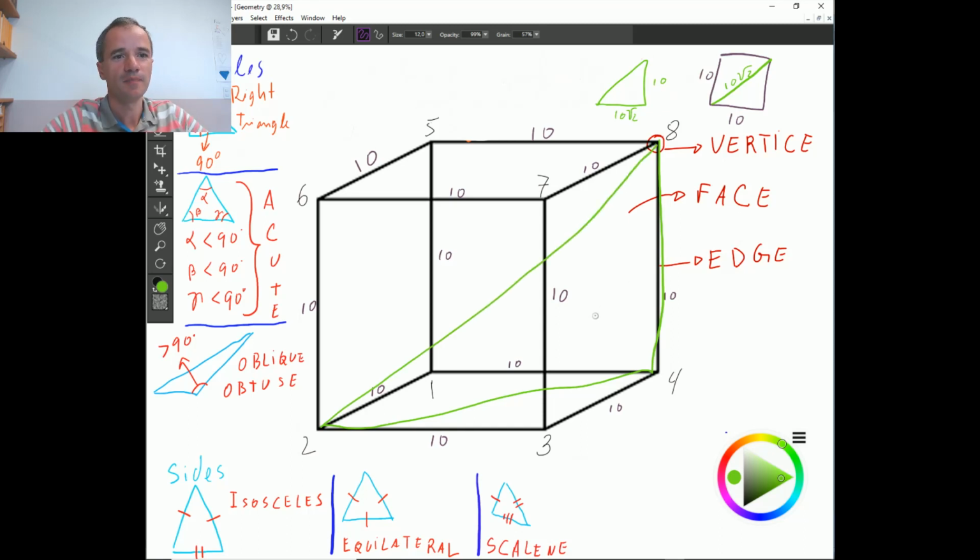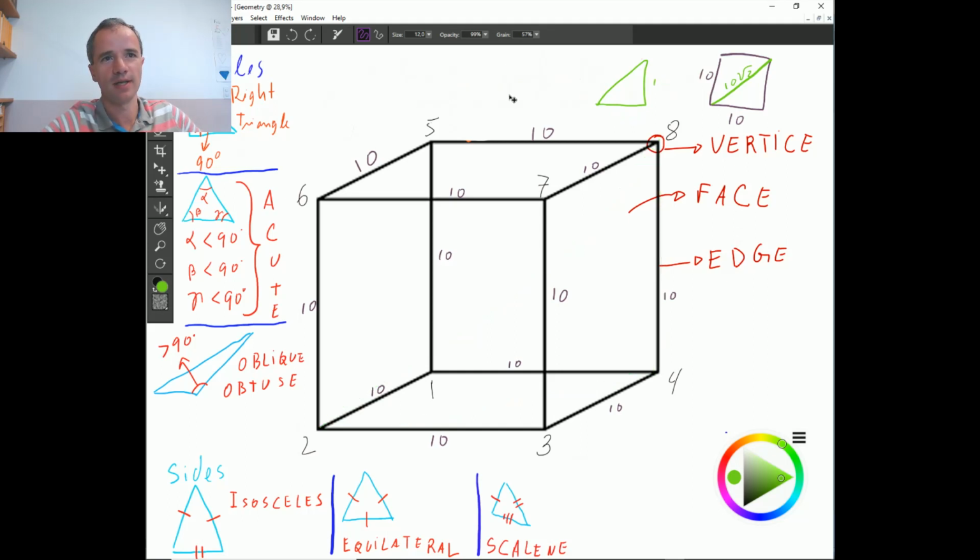This is 10, this is 10 square root of 2 because it is the base diagonal, and this is what we want to look for. If we apply Pythagoras, it's going to be 10 squared plus (10 square root of 2) squared. You can see easily that this is going to be 300, and in the end it's going to be square root of 3. Just to explain what I did in here.